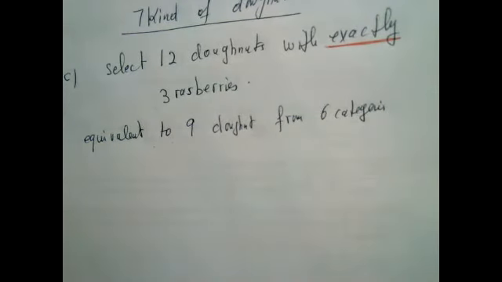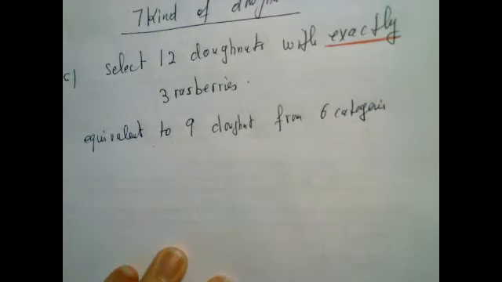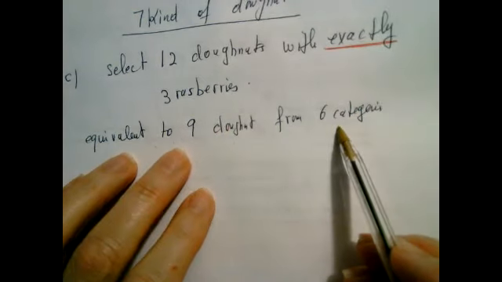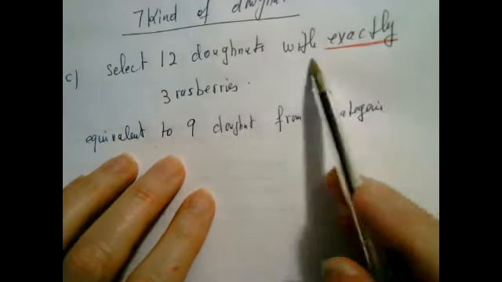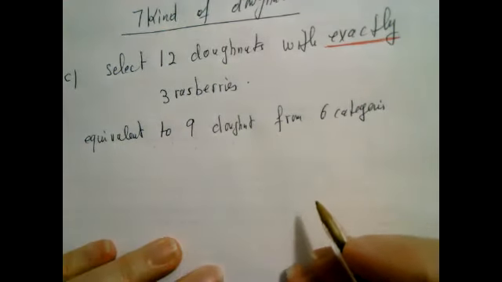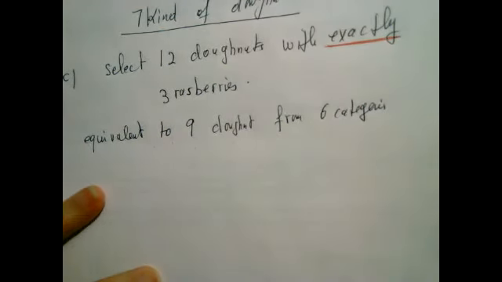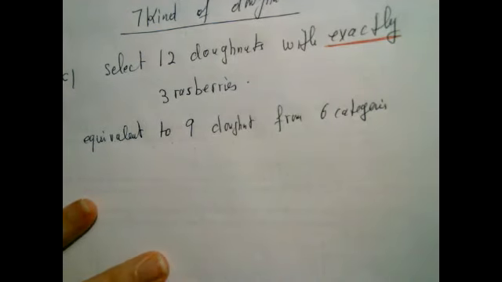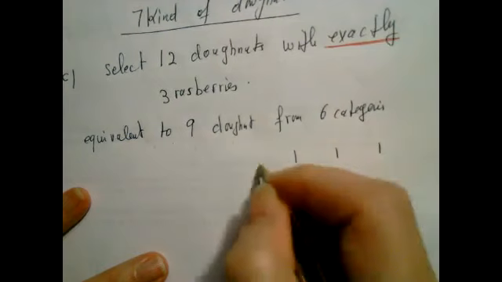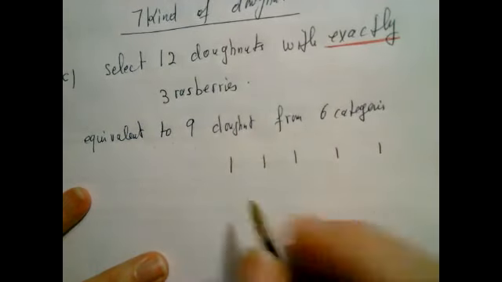Okay, so I take those 3 raspberry, I'm done with them, I put them in my box, and then I have to pick the rest, which is 9, but I don't have 7 categories anymore because I have exactly 3 raspberries. And now in how many ways could this be done? As I said, you can start drawing your picture. We have 6 categories, so I'm going to separate them. This time I have 6, so I need 5 separators.